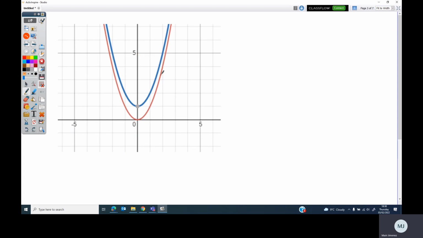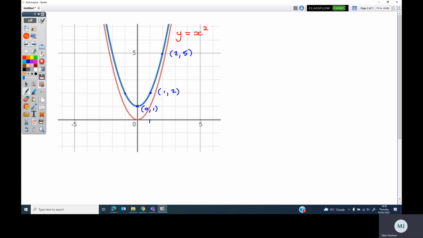Now I've drawn the same quadratic function in red. The red one is y equals x squared, and the blue one is not going through 0, 0 this time, it's going through 0, 1. The next coordinate is 1, 2. The next coordinate is 2, 5.